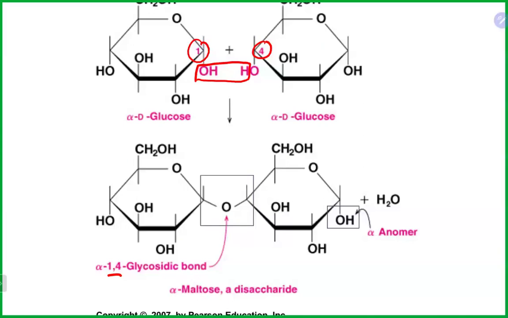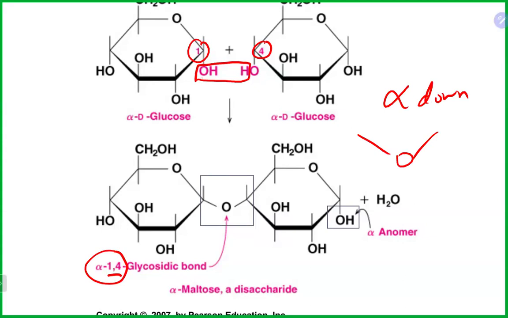And that gives you what is known as an alpha 1,4 glycosidic bond, which for the most part looks like what's in the box. What I mean by that is we learned earlier alpha means down, right? So if you look at it, the lines are coming down to the oxygen. That is what's happening there, and that's what that alpha 1,4 bond is.